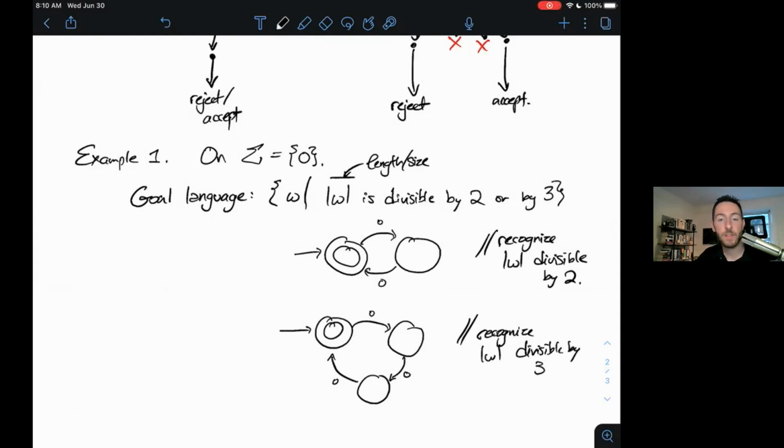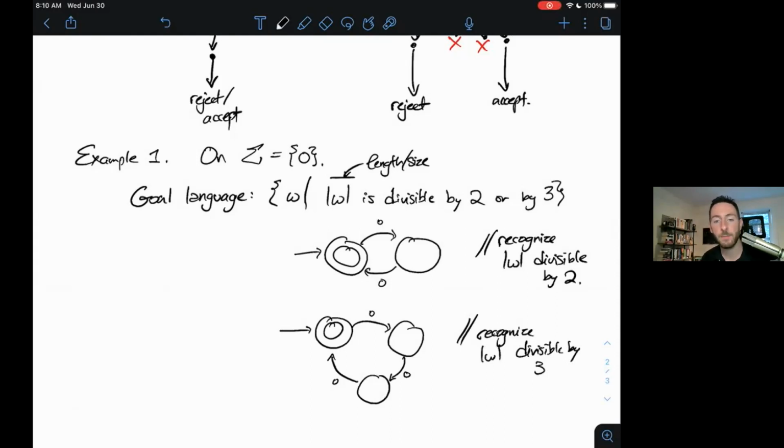So great, we've got two little gadgets. These are both deterministic state diagrams. They don't use any of the rules we outlined above. The first one recognizes the language of strings divisible by 2. The second one recognizes the language of strings divisible by 3. Now, you might observe that the language we're trying to recognize is just the union of these two languages.